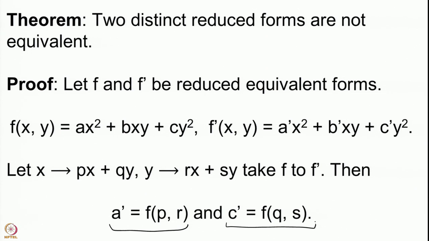There is also a formula for b prime, which we have in terms of a, b, c and p, q, r, s, all of them, and we will actually need that formula sometime later, but we will come to that when we need it. So, these are the things which we are going to remember for now, the forms that a prime and c prime take depending on p, r and q, s, and similarly px plus qy and rx plus sy. This is the change of variable.